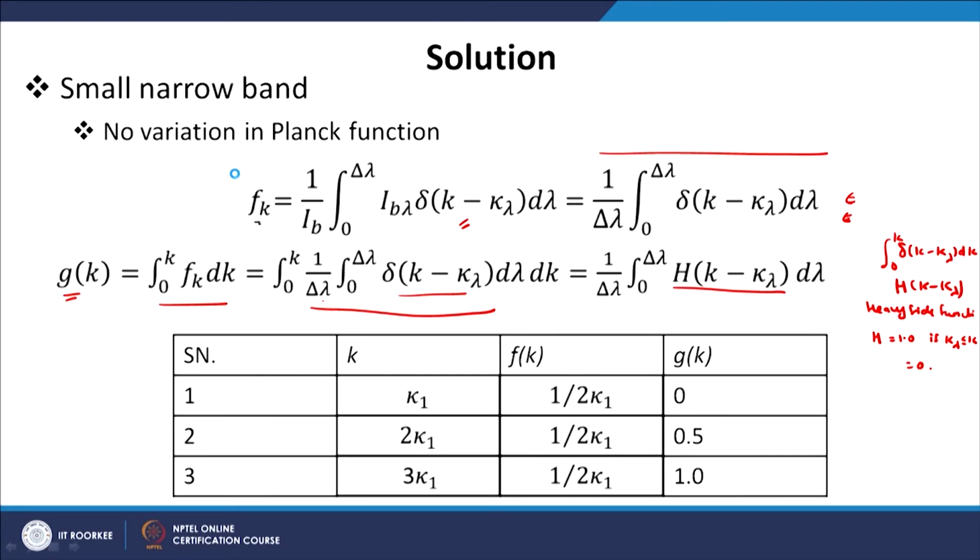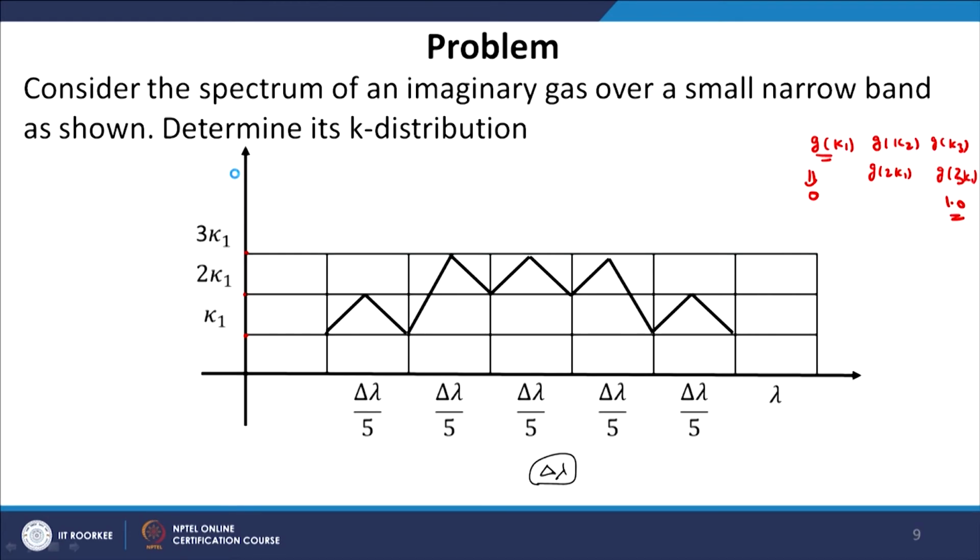We are interested in integrating over the spectral range where kappa lambda is less than or equal to 2 kappa 1, the shaded part of the spectrum. Although I can use symmetry, because the areas under the curve on both sides are the same, I will split the integral into 2 parts.